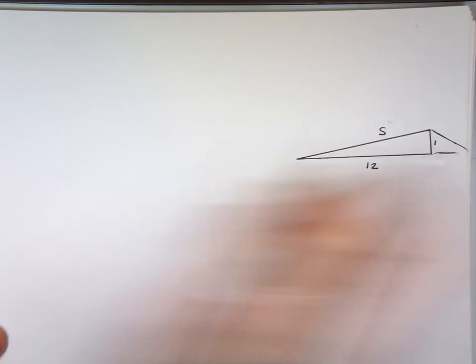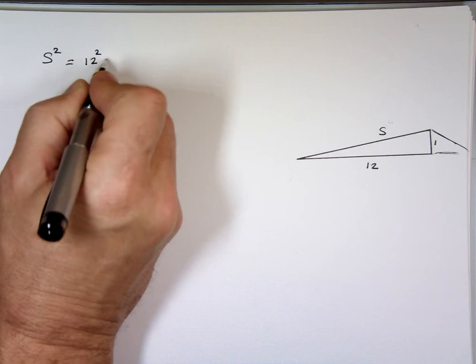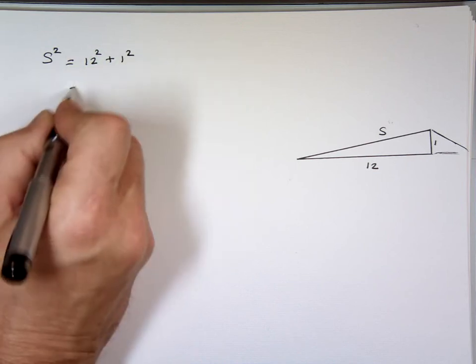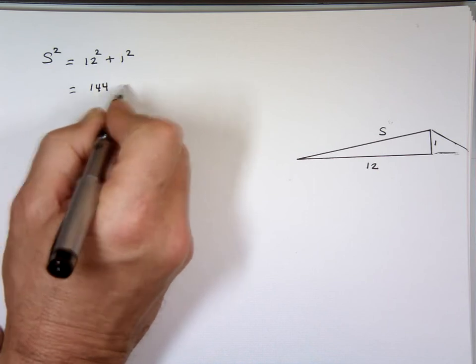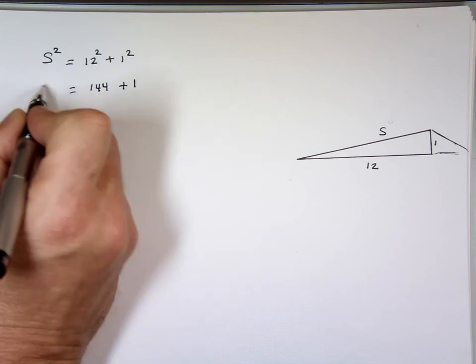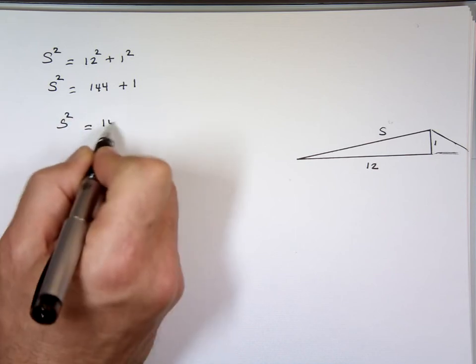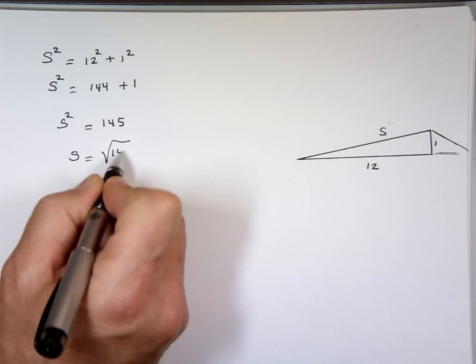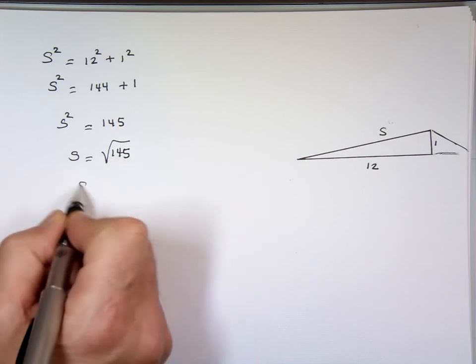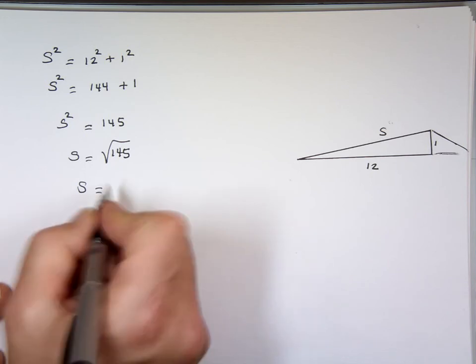We'll go S squared equals what? 12 squared plus 1 squared. 12 squared is 144. 1 squared is 1. 145. So S is going to be the square root of 145, which is just a hair bigger than 12. 12.04.